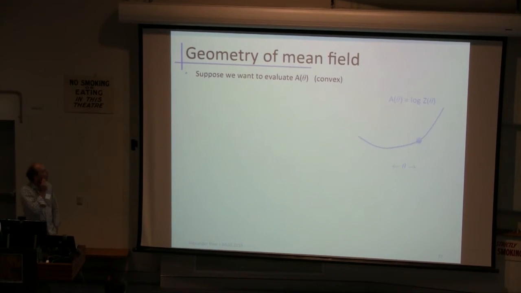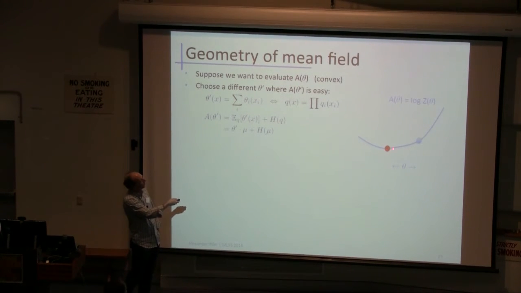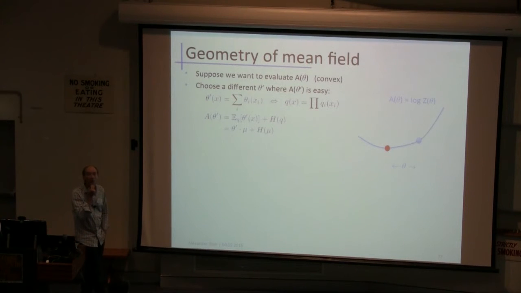A third viewpoint of mean field that I think is useful comes from this convex form of log-Z. So suppose we wanted to evaluate some log partition function of some model theta, right? This is what we want. What mean field is actually doing is finding another model that's nearby, but has an easy to evaluate form. So suppose this is the theta we're interested in, but nearby is a theta prime that is an independent distribution.